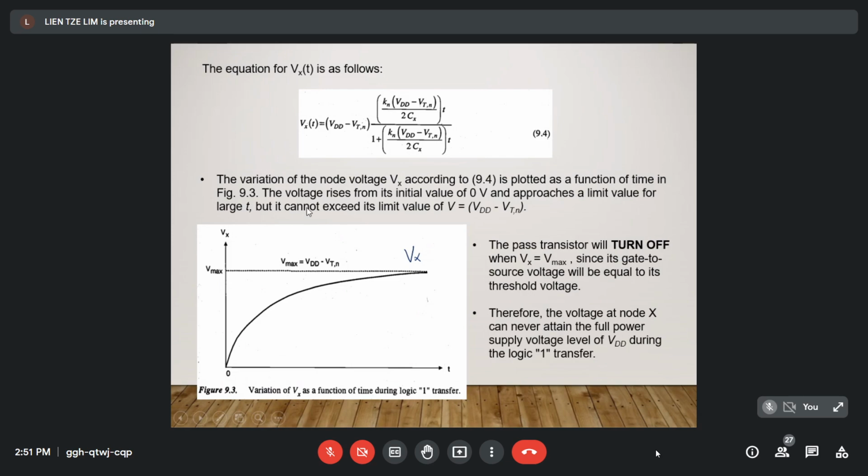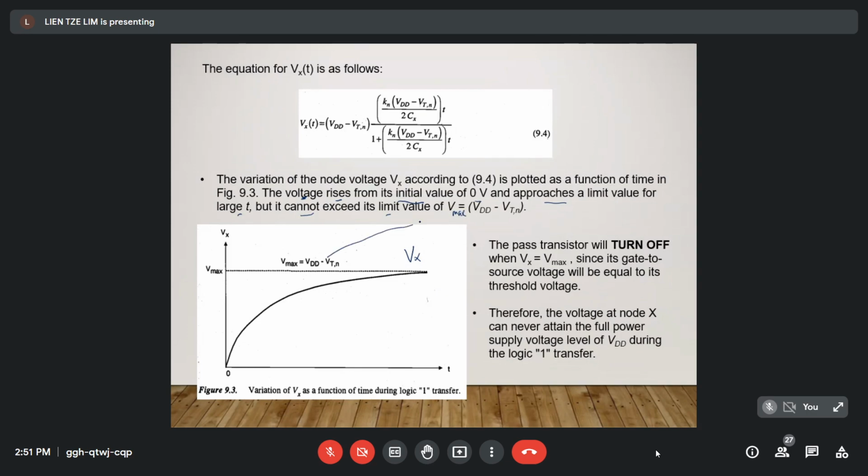You see here, there is a statement which is quite important. The voltage rises from its initial value of 0 volt and approaches a limit value for large t, but it cannot exceed its limit value of V equals VDD minus VT. This V is the Vmax.